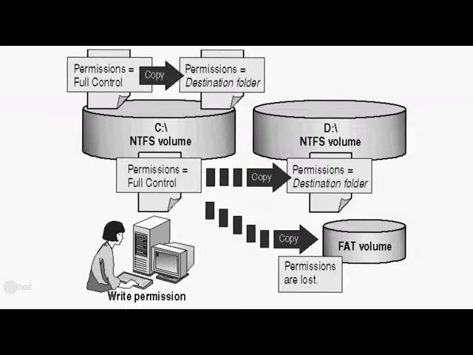If you copy an object within a partition, it will inherit the permissions of its destination, but the original will keep its permissions. If you move or copy an object to a FAT volume, it will lose all its permissions because the FAT file system does not have permissions.